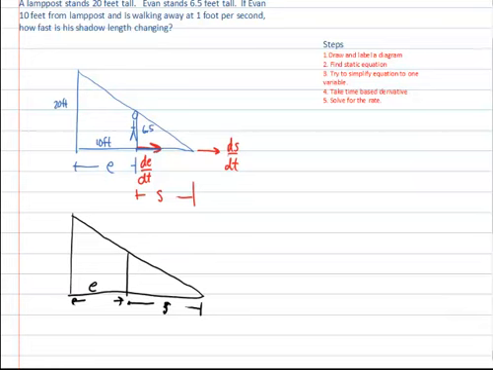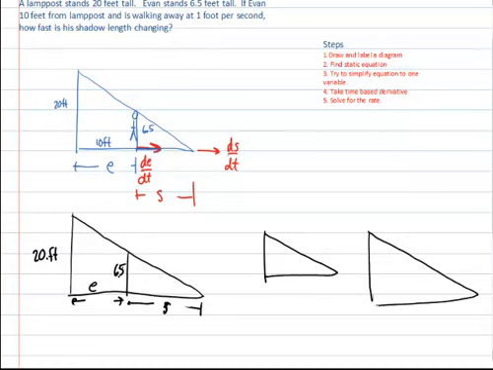Using similar triangles and the dimensions of the height, we can calculate how E and S relate to each other. So in the first figure, this is S and this is 6.5.